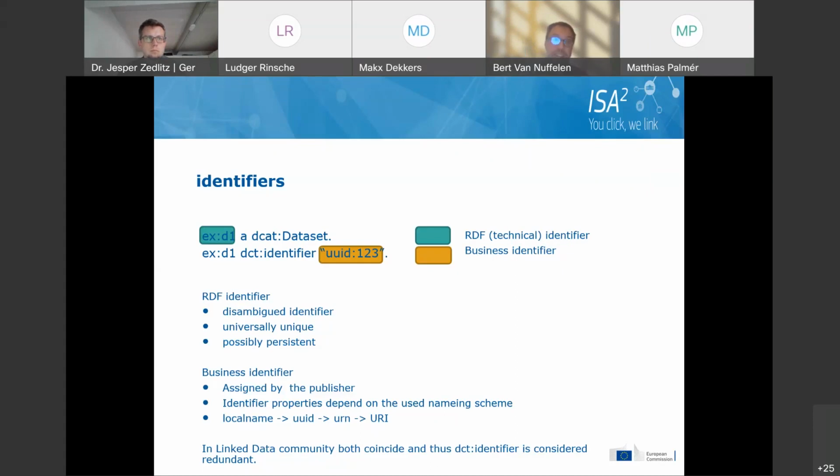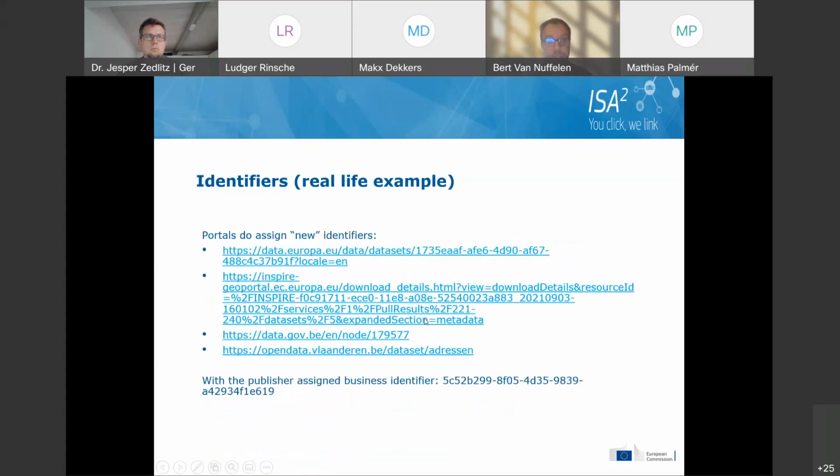In the linked data community, we actually use the same one for both, so they typically coincide, and there is no need to have a different orange one than the one in the RDF. This is the typical usage case in new data, but it's not the case everywhere.